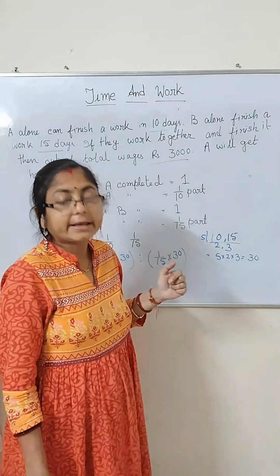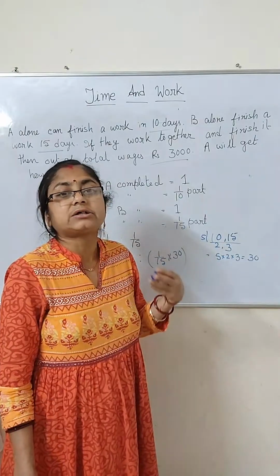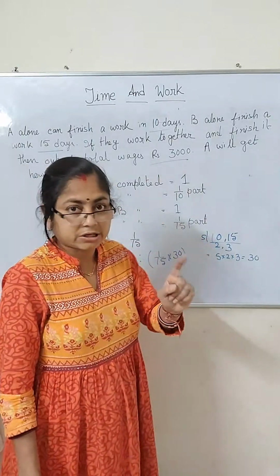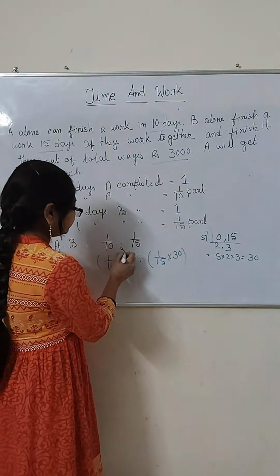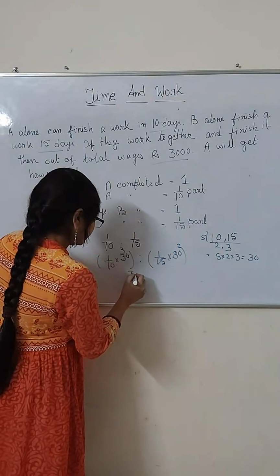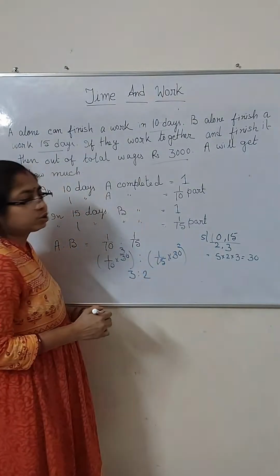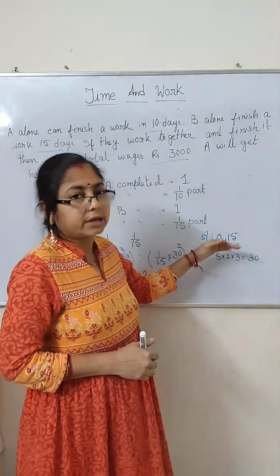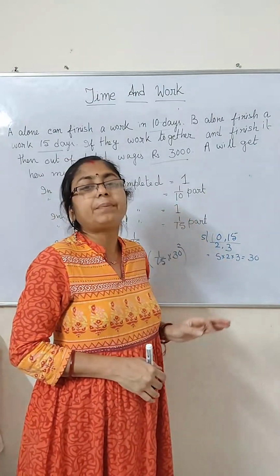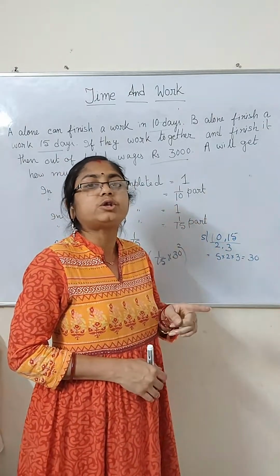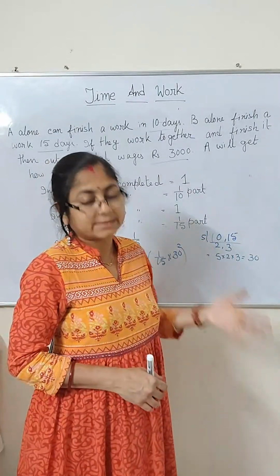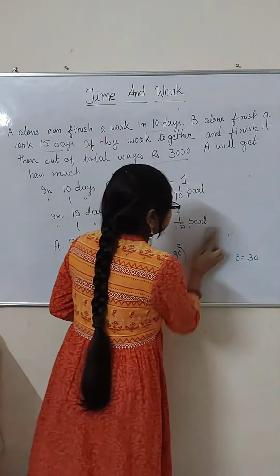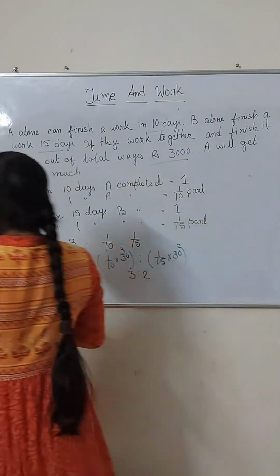But in that case, it is in fraction format. In the fraction format, it is difficult to solve it. So I remove the fraction part. It is 3:2. Clear? How can you do this one? First find out the LCM and multiply both fractions individually by the LCM. Now what I am writing? What is our total amount?